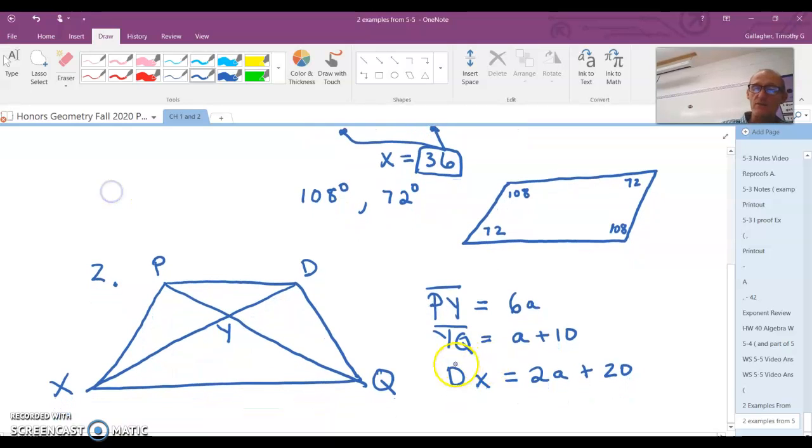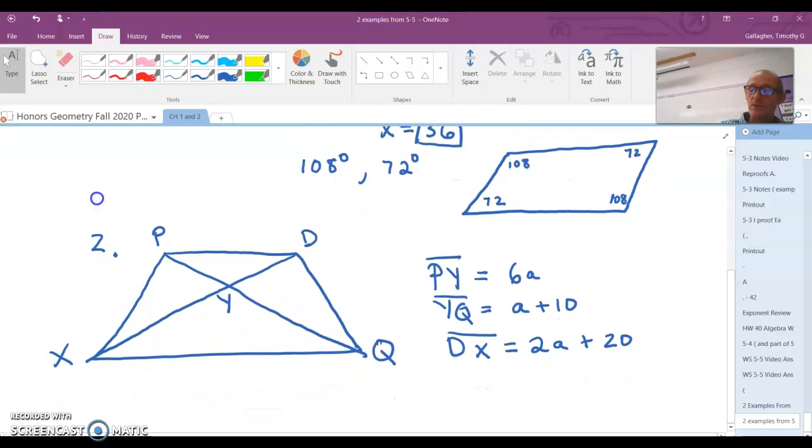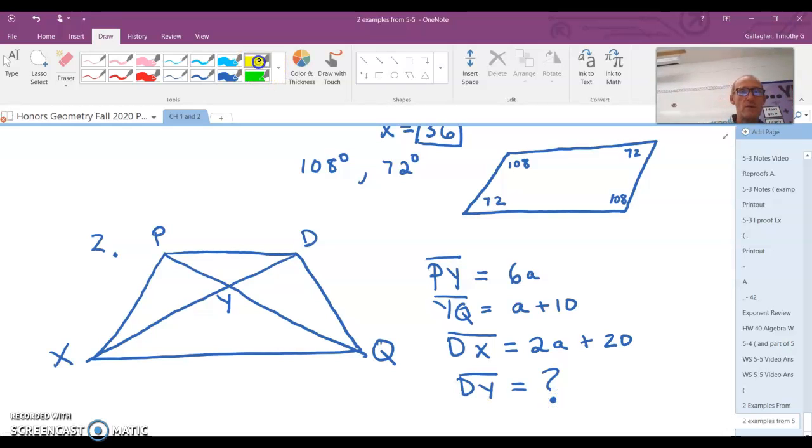And our task is to find DY. Here's DY. What we should know about an isosceles trapezoid is it really makes two isosceles triangles.